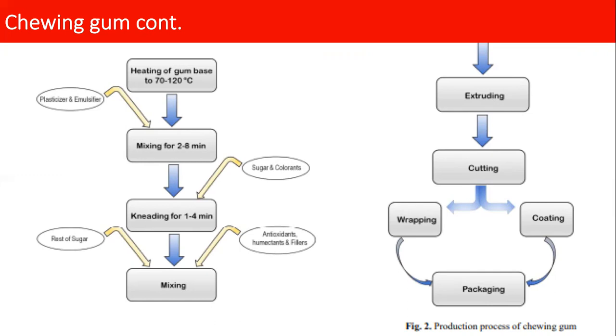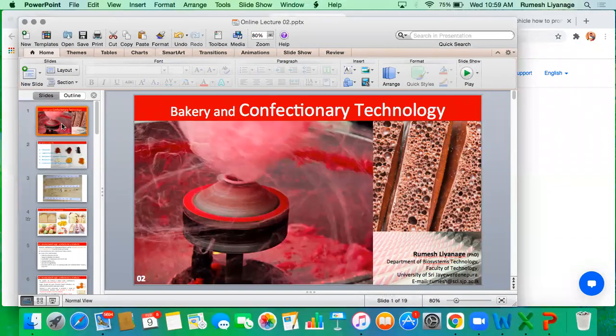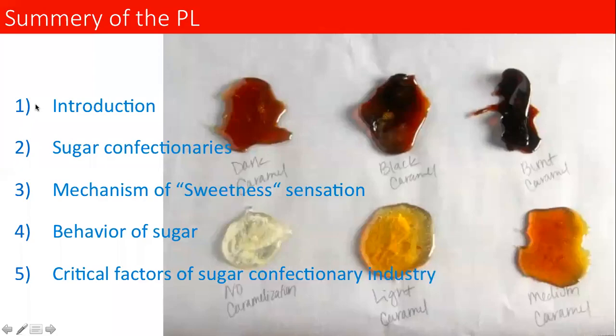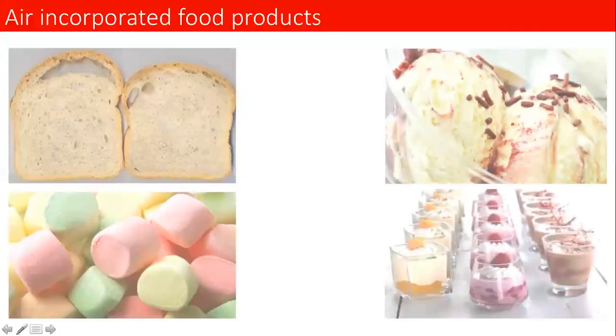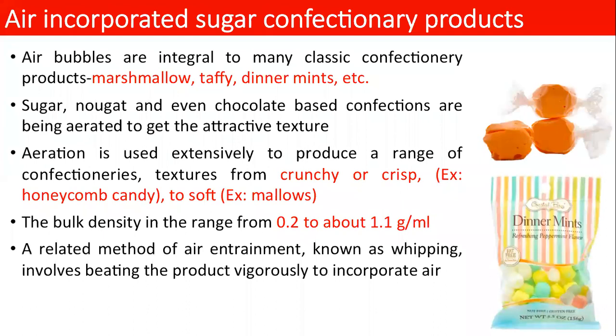Those are the processing steps. So I hope you all know you can do something about sugar industries. I think now you have some technical knowledge in developing sugar confectionaries, and we are going to wind up and stop these sugar confectionaries.